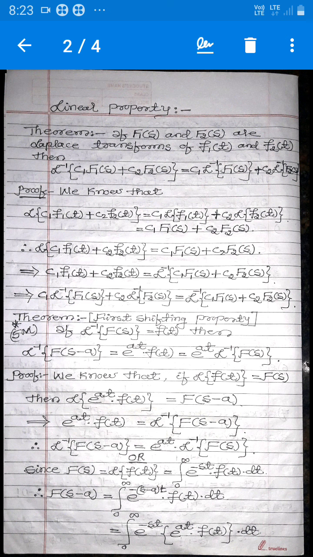Next, the proof. Here we recall the linearity property of Laplace transforms. That is, we know that L of c1 f1(t) plus c2 f2(t) is equal to c1 times the Laplace transform of f1(t) plus c2 times the Laplace transform of f2(t). Simplifying the right-hand side, keep c1 as it is: c1 times L of f1(t), which is F1(s) as given, plus c2 times L of f2(t), that is F2(s).